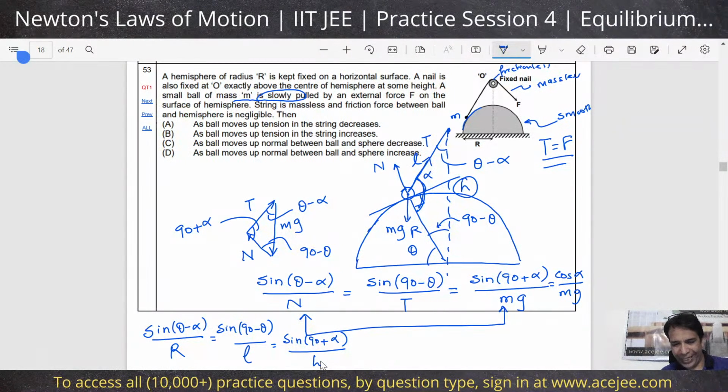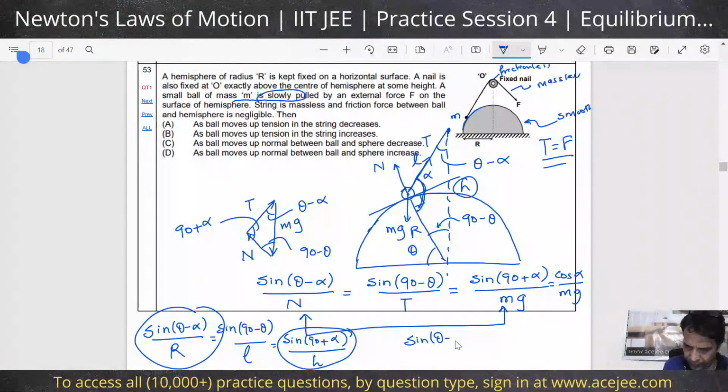Yes, sir. Quickly see, Ruchika, if I use this and this, what do I get? Sine of theta minus alpha divided by sine of 90 plus alpha, which is cos alpha, is equal to R by h, which is constant. So what does that give me?